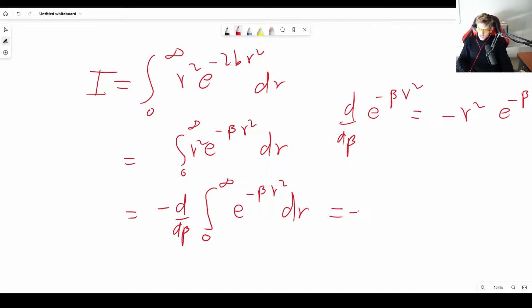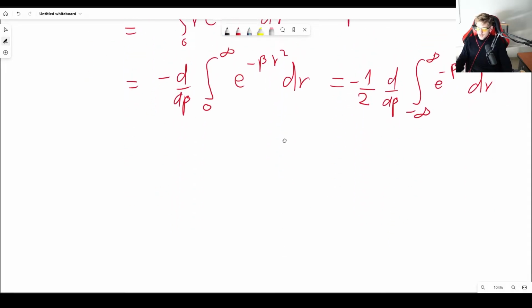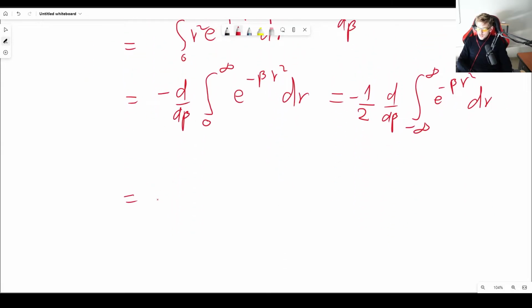So we need to say that that is 1/2 of the integral that goes from minus infinity to infinity. And that is the integral that we know the value of. So now let's just put it in here. So minus 1/2 d by d beta of square root of pi over beta.